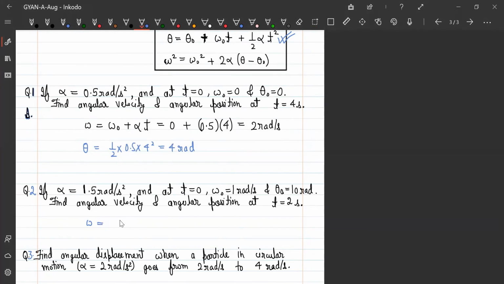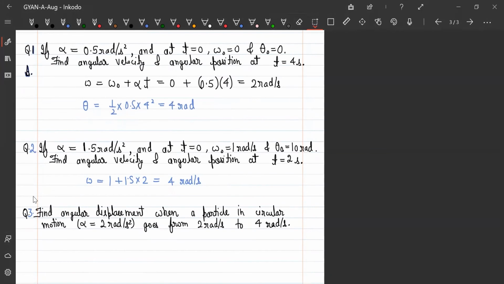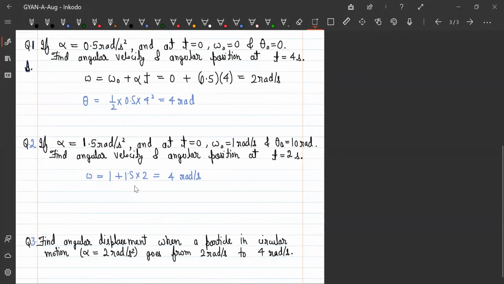So omega is omega naught plus alpha t. Omega naught 1 था, alpha is 1.5 into 2, that will be 4. यूनिट क्या लिखेंगे इसकी? रेडियन पर सेकंड. वेरी गुड. ये हो जाएगा रेडियन पर सेकंड. और एंगुलर पोजीशन कितना आ जाएगा? पोजीशन अभी नहीं निकाला। ओके, कैलकुलेट करके बताना है फिर.